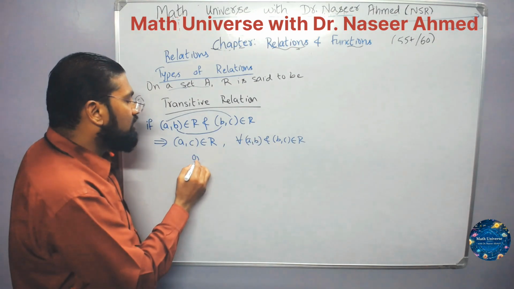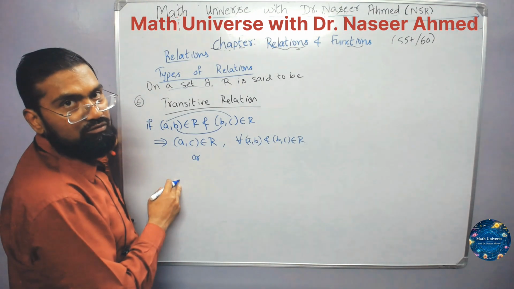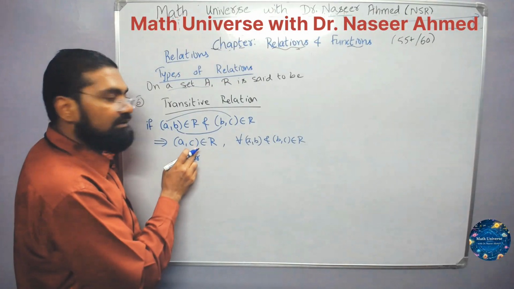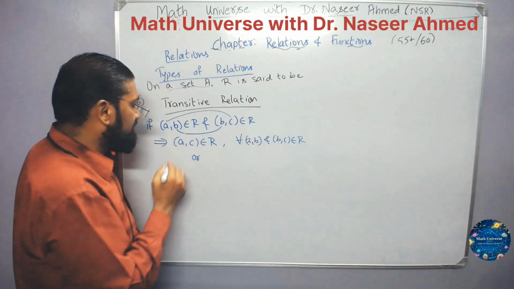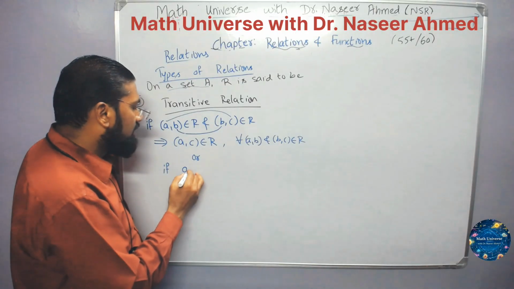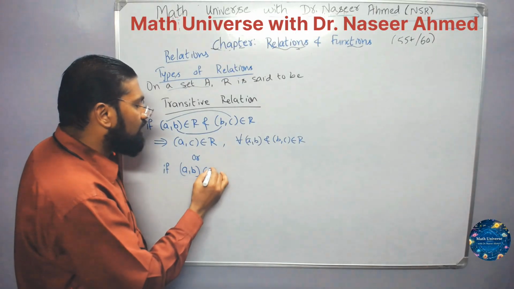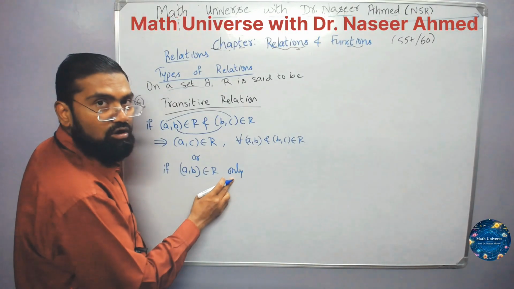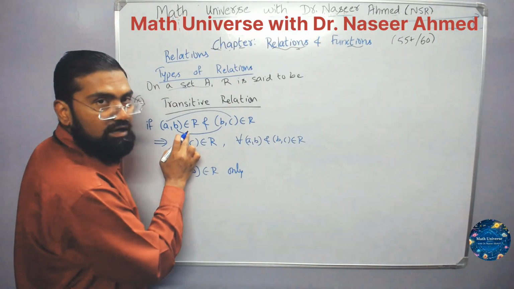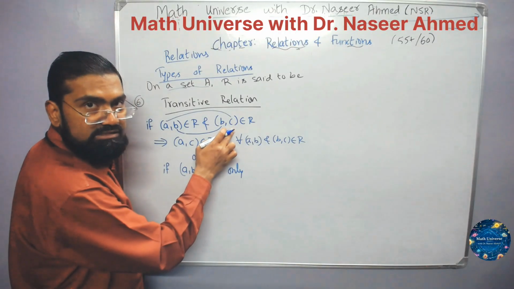And one more alternate definition I want you to understand. See, we are coming here in search of transitive because this element is present. Let us suppose that we have only (A, B) belongs to R. I'm stressing the word only: the first ordered pair is there, the second ordered pair is not there.